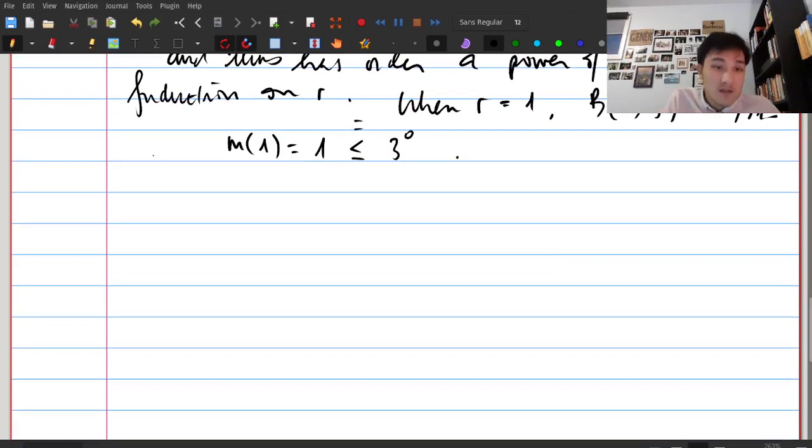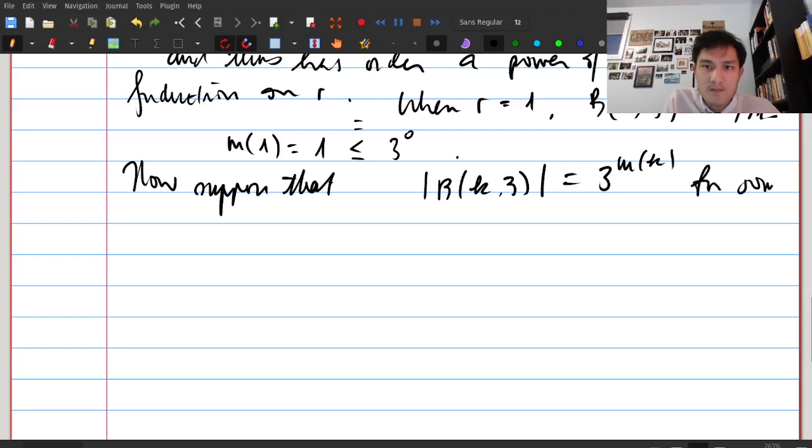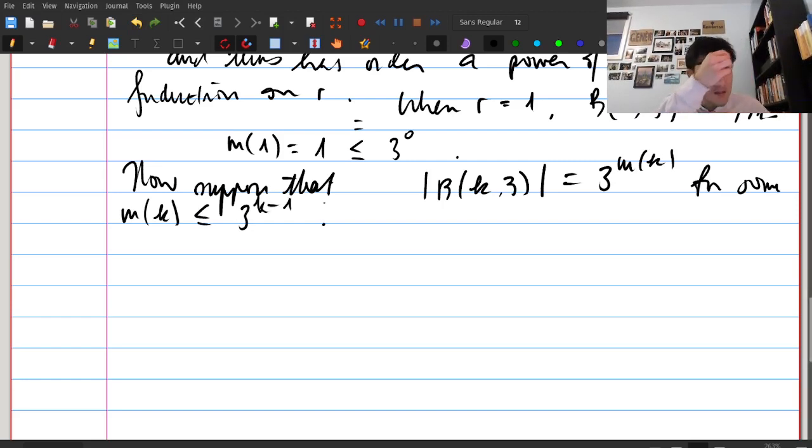Now suppose that the order of B(k,3) is equal to 3 to the m_k for some m_k less than or equal to 3 to the k minus 1. That's the induction hypothesis.